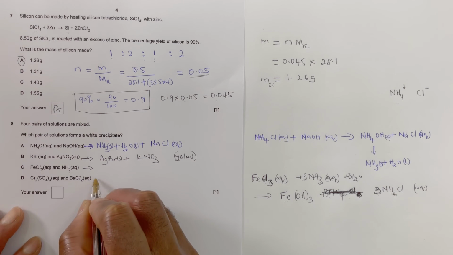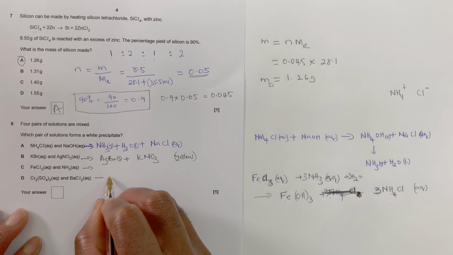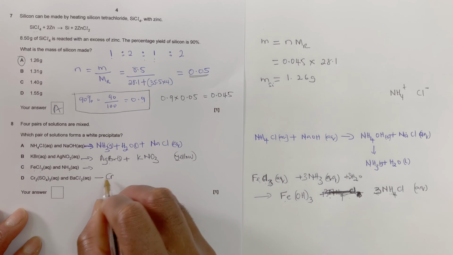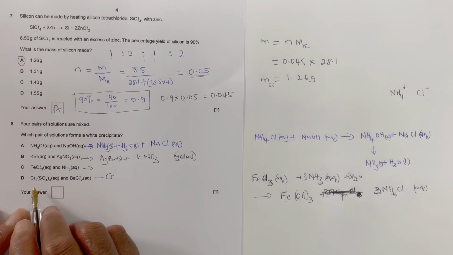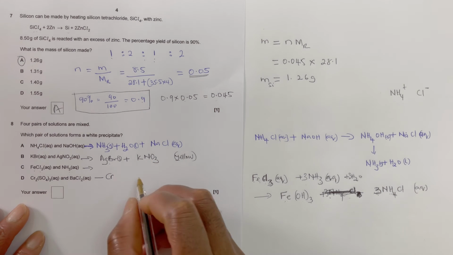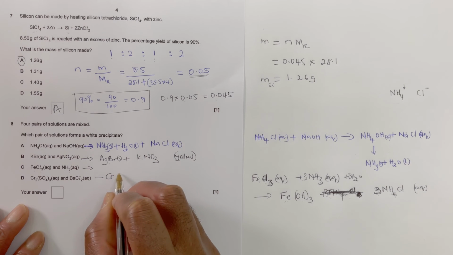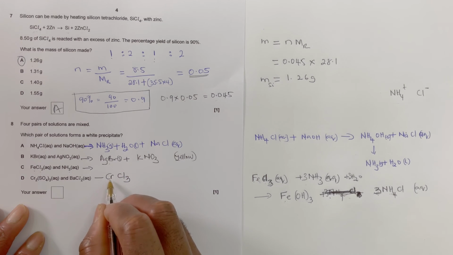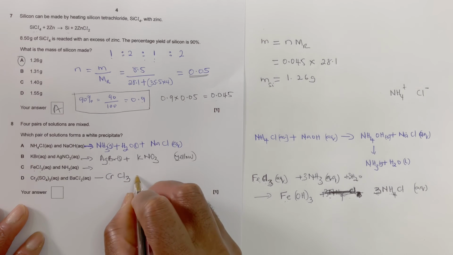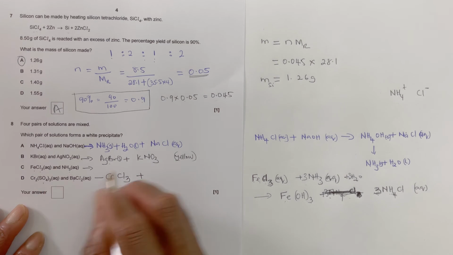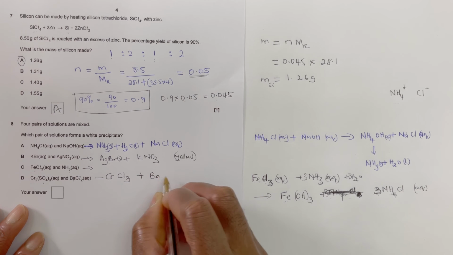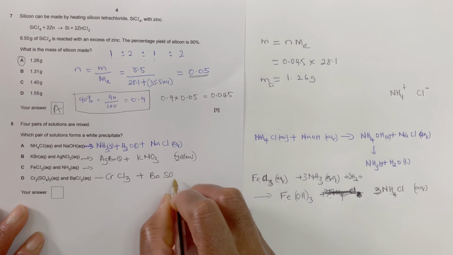The final one here is chromium chloride. Cr is 3 plus. Therefore it's going to form 3 chlorine because that's 3 plus. Plus barium sulfate. Barium is plus 2, and sulfate is 2 minus.